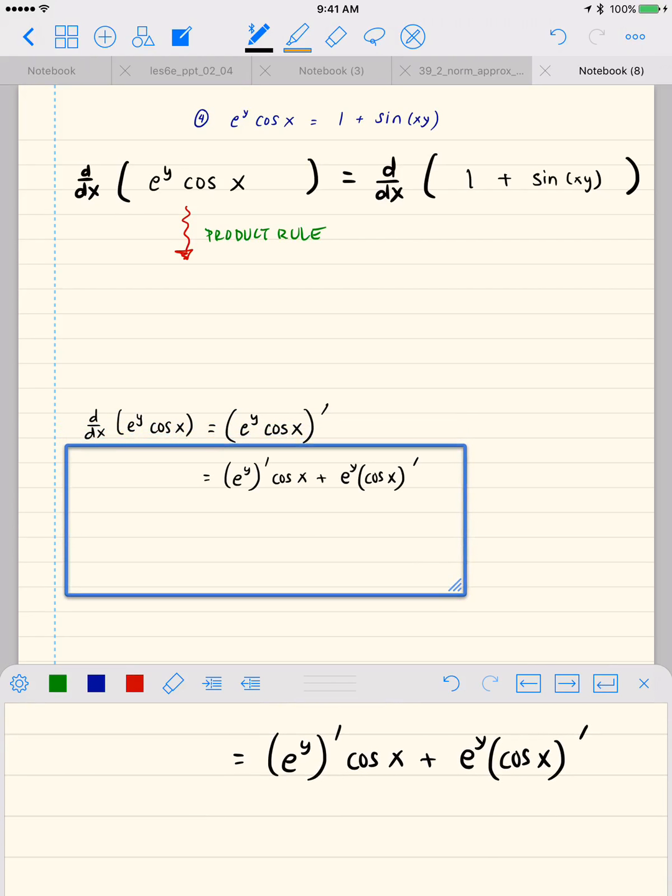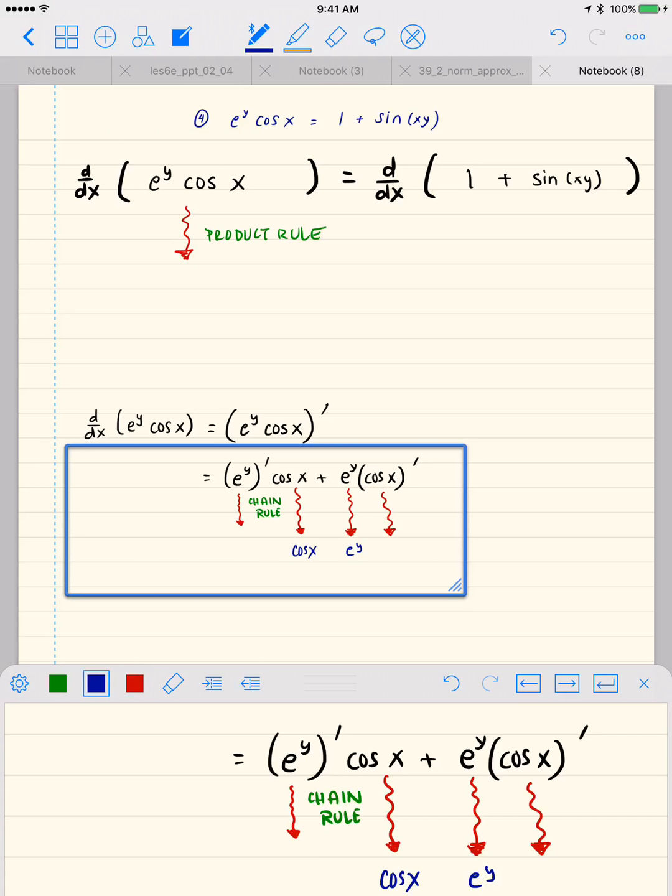Now, for e to the y prime, we're going to need to use the chain rule. The cosine x just stays the same, so that's just going to be cosine x. E to the y stays the same, so we'll just have e to the y. And then cosine x prime, we know the derivative of that is going to be negative sine x.